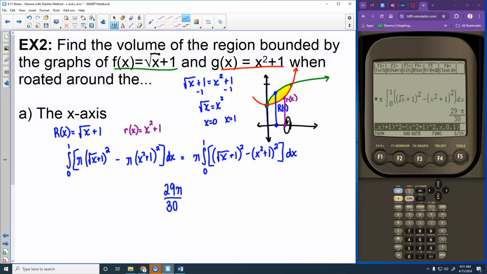Check with your neighbors, see if they're getting it. Another option on this is you could use y1 and y2 for your capital R and your lowercase r. That would make it a little easier to type in. Maybe. Comma x, comma 0, comma 1.